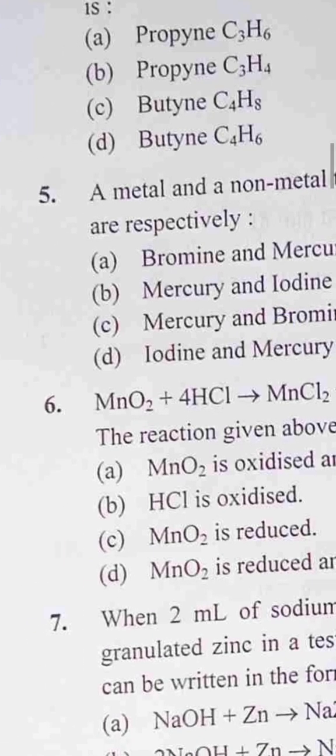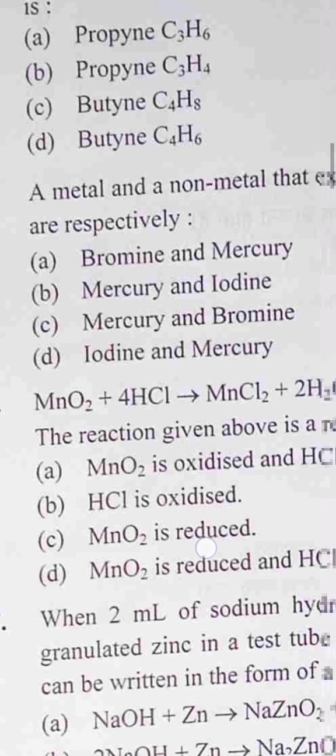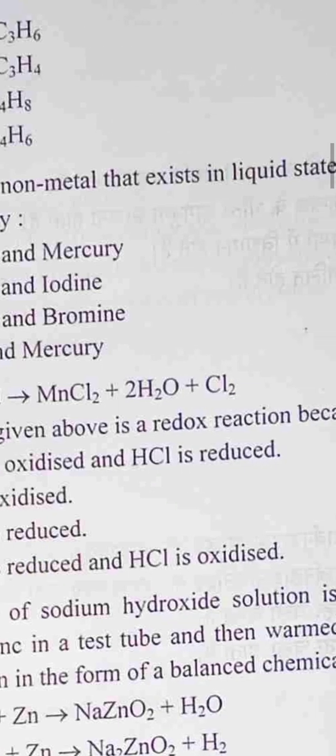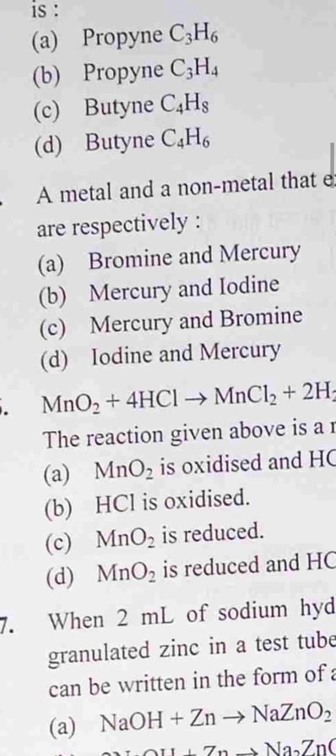Next, question number 6. MnO2 plus 4HCl gives MnCl2 plus 2H2O plus Cl2. Basically in this reaction, if we see, MnO2 is oxidized, because we can see in MnO2 the valency of Mn is 4, it is losing 4 electrons to oxygen, but in MnCl2 it is having 2 valency, so it is basically reduced.